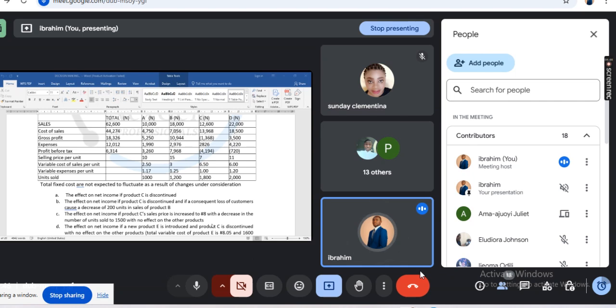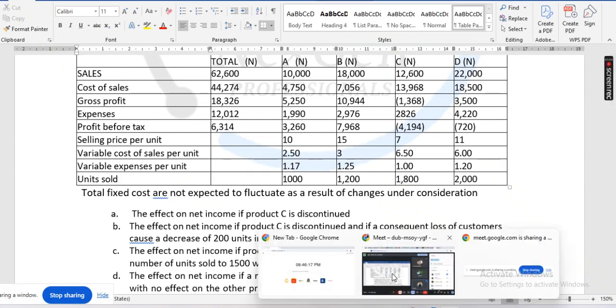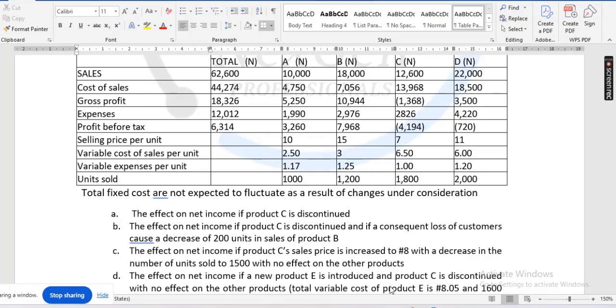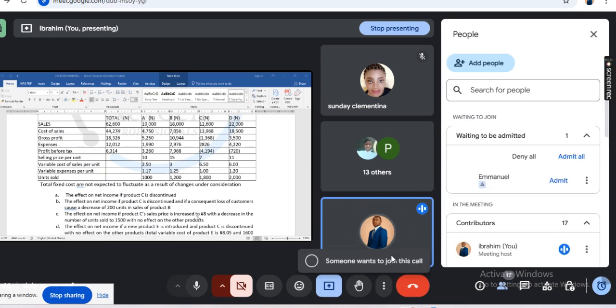Don't forget, in performance management, you can base your decision on contribution. Now, the first question is, what will be the effect on the net income if product C is discontinued? The net income they talk about here is not necessarily your profit.